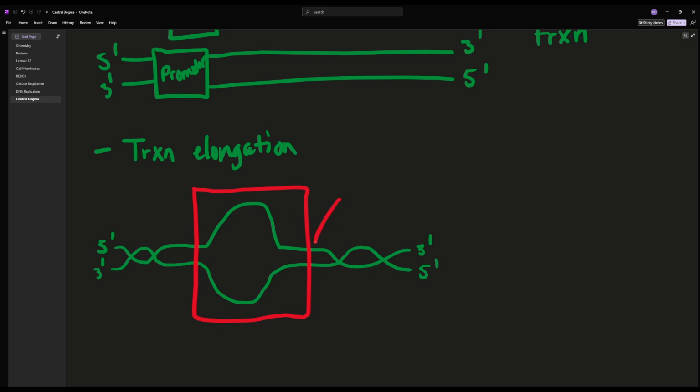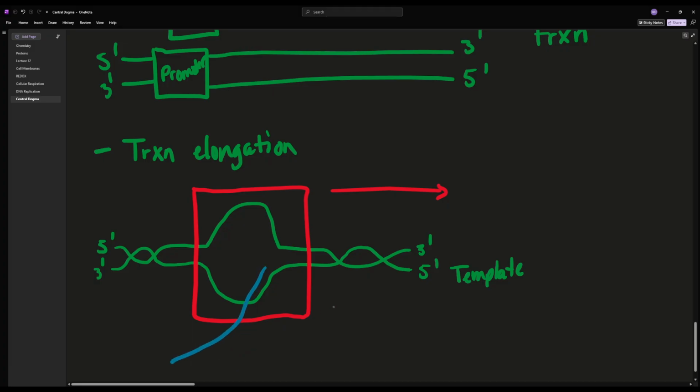First we should figure out its direction. Let's say it's moving this way. If it's going to move this way, it's going to read our bottom strand from 3 to 5, making the bottom strand our template. So our bottom strand here is our template strand. And we're going to get out of this an mRNA transcript. We're just going to draw it like that for now.